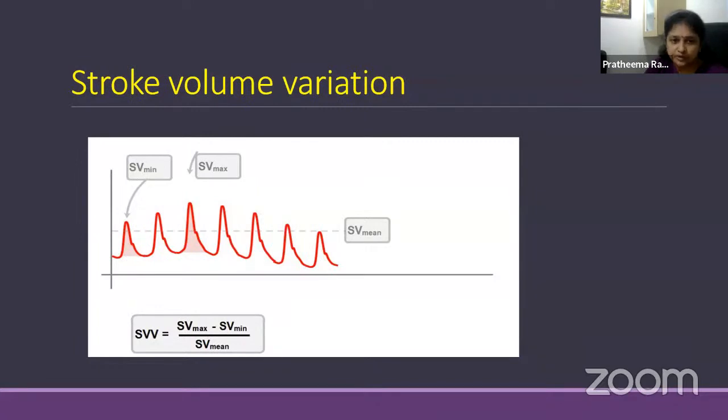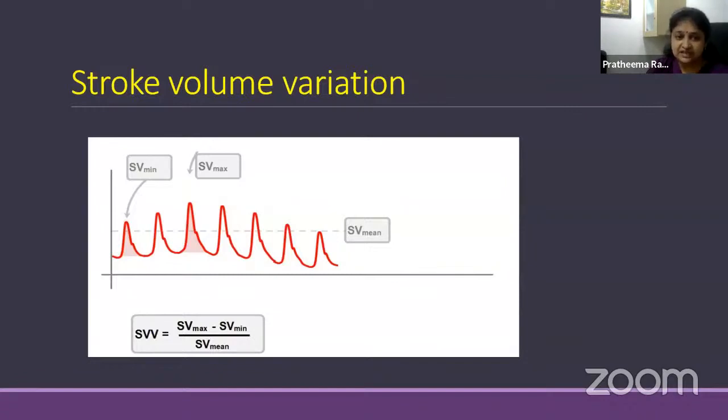So we need to know if the blood level is very low. If we give a push, it is going to be very high. And when it returns to a normal intrathoracic volume, during expiration, the blood comes back to the normal level. It falls to the baseline. So within the squeeze and the letting out of the pressure, how much is the volume changing?